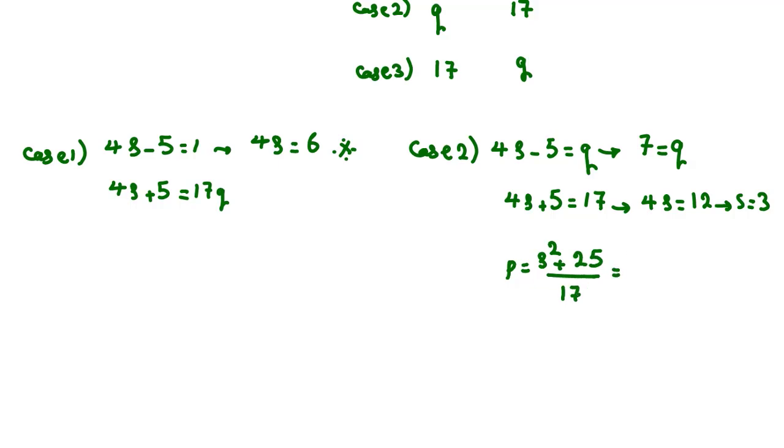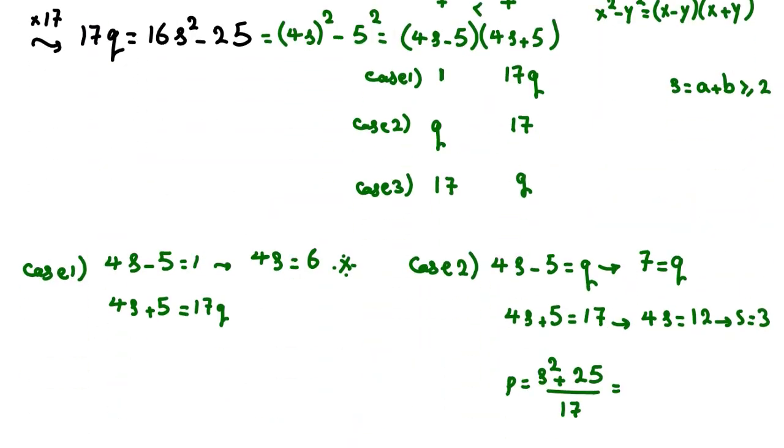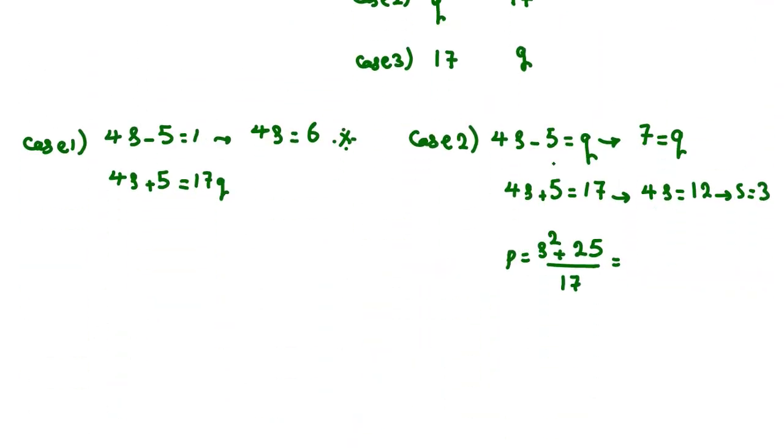We will reach, I guess, again a1, b2, a2, b1. Why? Because q is 7, and in that case also the prime number was 7. So p, the product: s squared is 9, plus 25, because s is 3. 25 plus 9 is 34, over 17, 2.